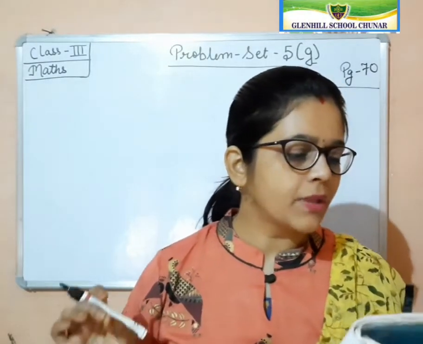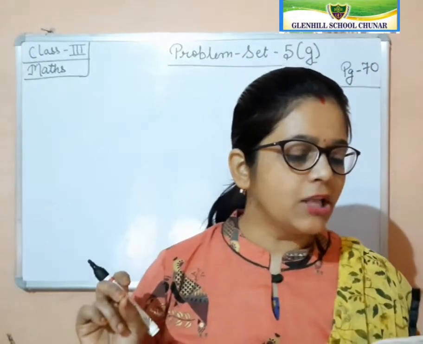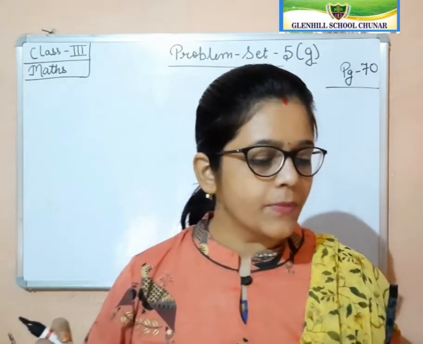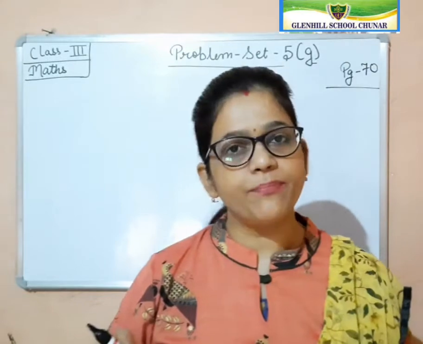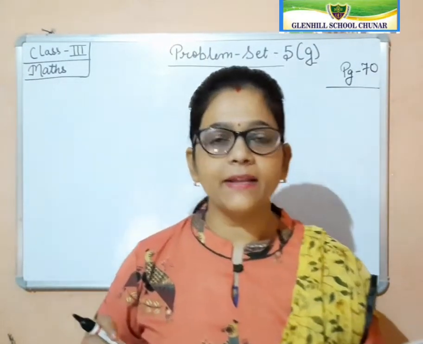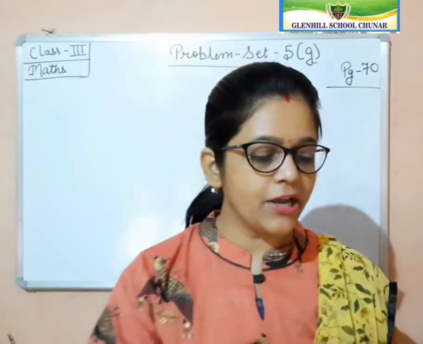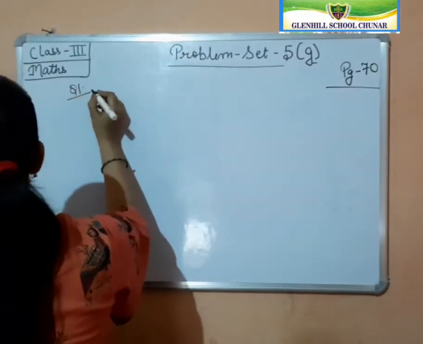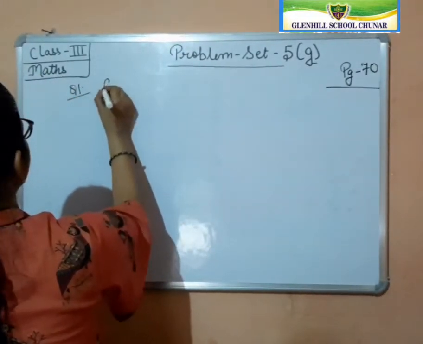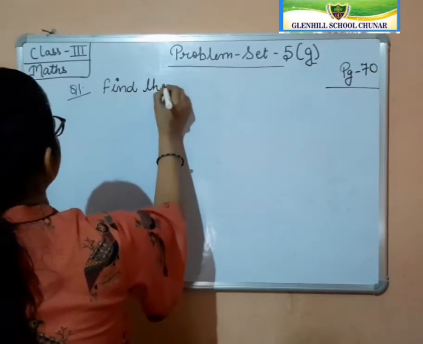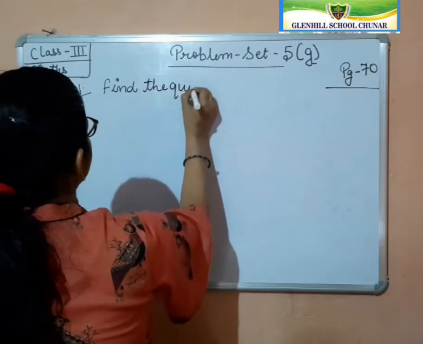Now see the question. Find the quotient in each of the following division sums. Okay, it is also the same as the previous problem, but there you were dividing by a 2 or 3 digit number, and here you will be dividing by a 4 digit number.